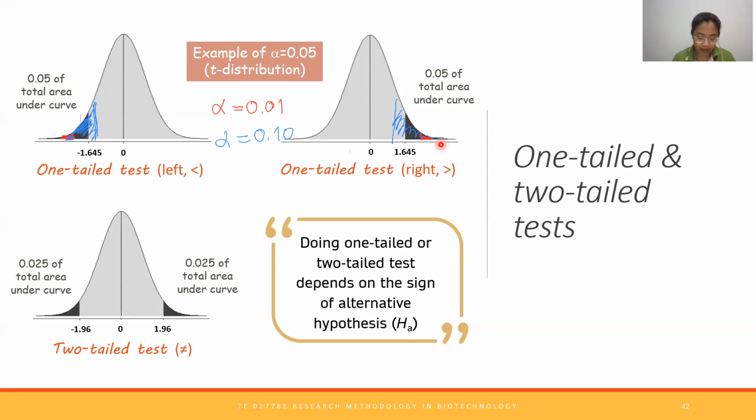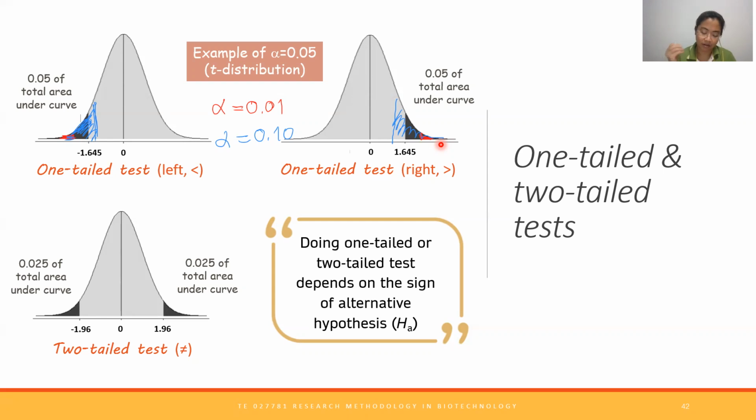If it is a two-tailed test, you have to divide it. Since there are two tails, the 5% has to be divided between the left tail and the right tail.